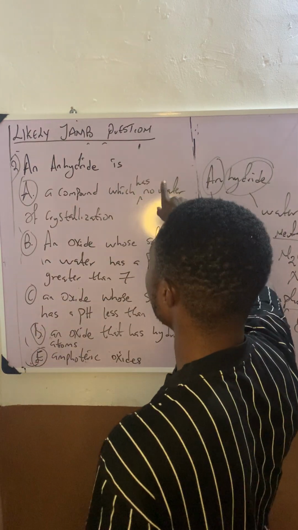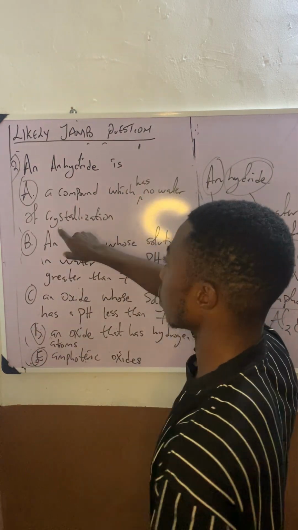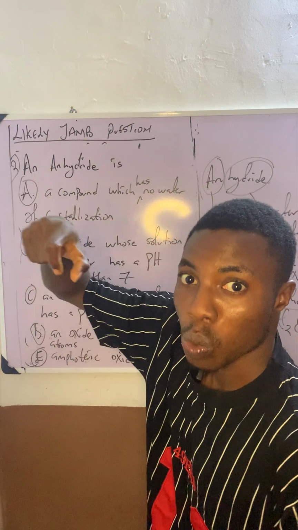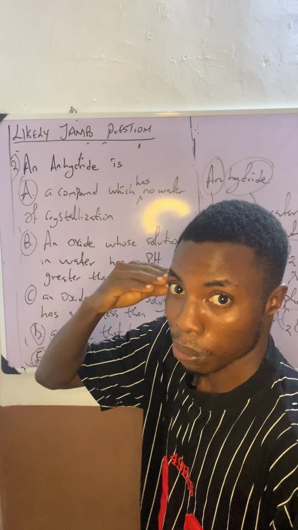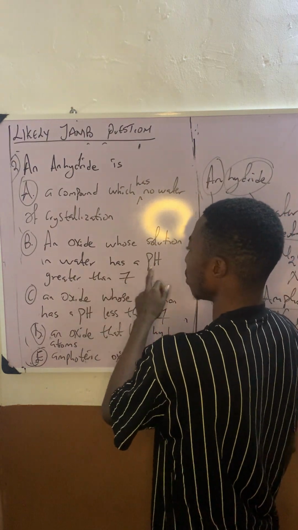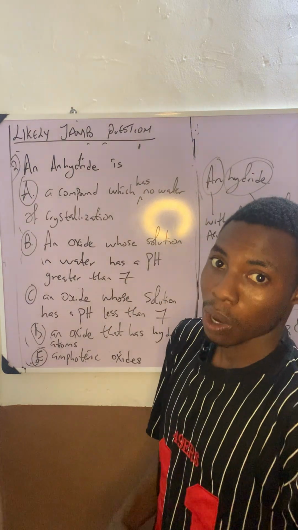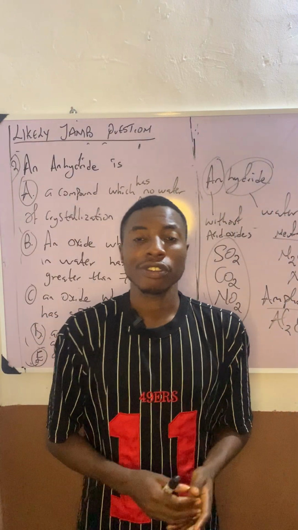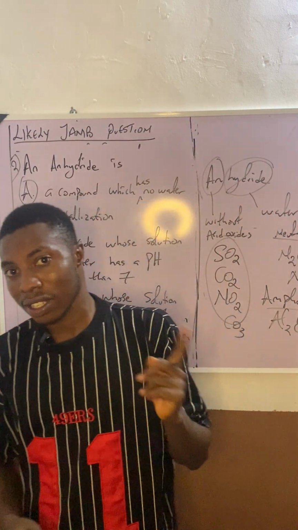So a compound which has no water of crystallization. Okay, but the major thing they're asking us is what? An acid anhydride. So we've gotten into that. An oxide whose solution in water has a pH greater than 7. On my number one question, I told you that the pH scale of acid is less than 7.